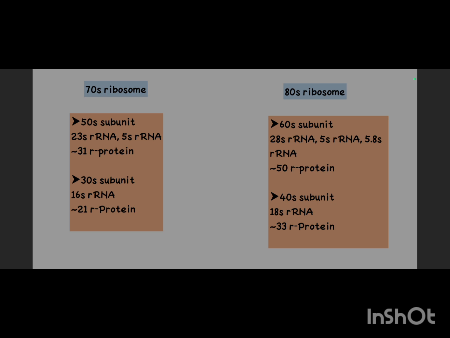These are very important and MCQ type questions come from this, that 70S ribosome is composed of which rRNA, and 80S ribosome is composed of which type of rRNA. In so many competitive exams of life science, you will get to see this type of question.